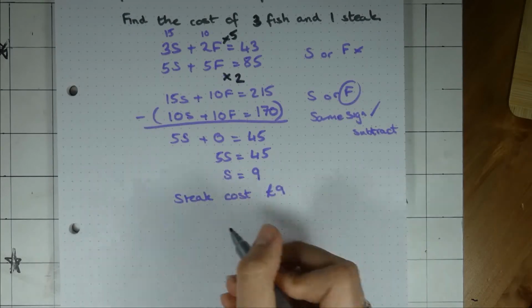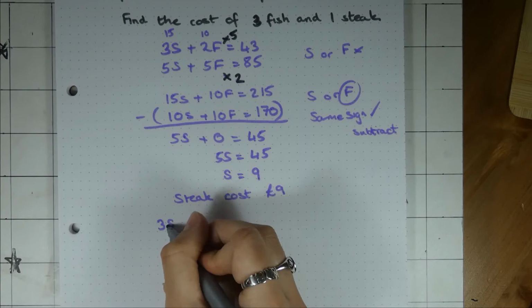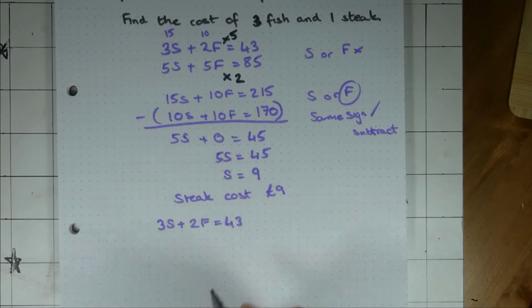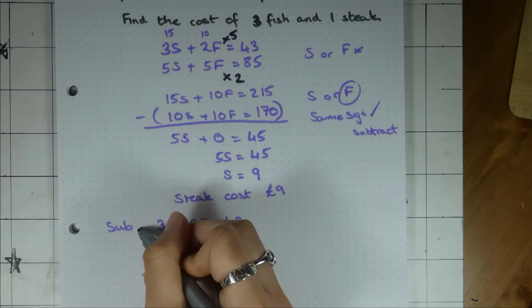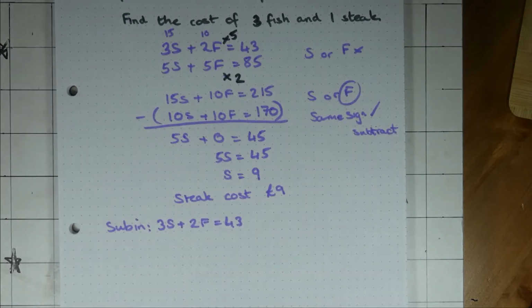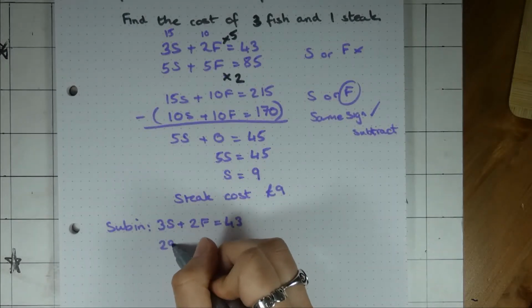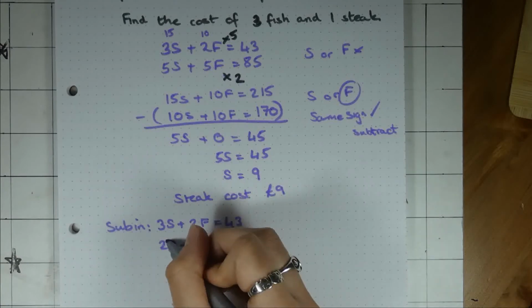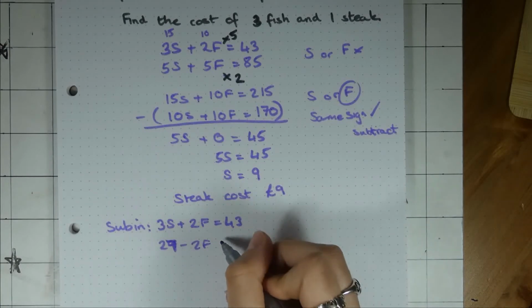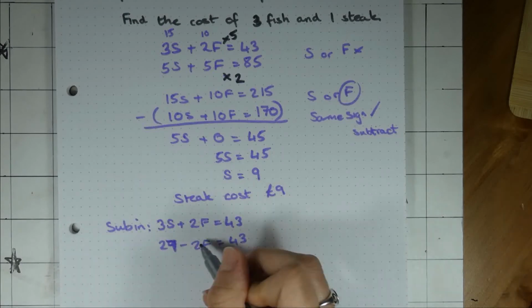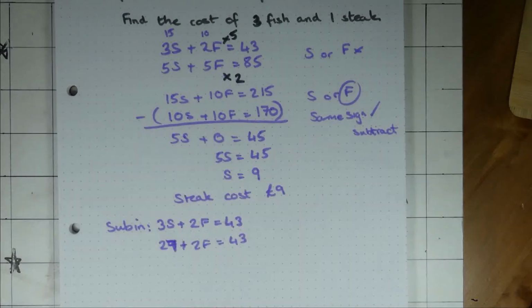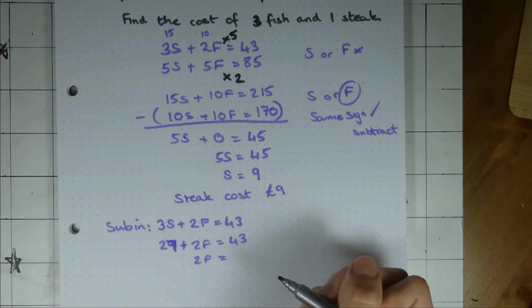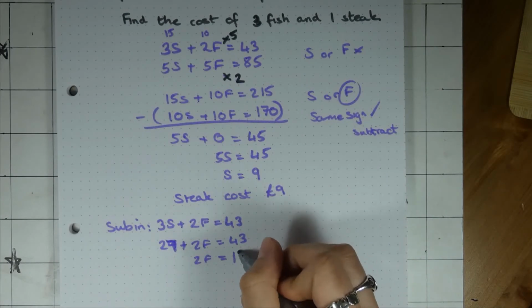We have 3s plus 2f equals 43. So we're going to sub in. Steak costs 9, so we're going to have 27 plus 2f equals 43. 27 comes across, it's going to be subtract, so we have 2f equals 16.